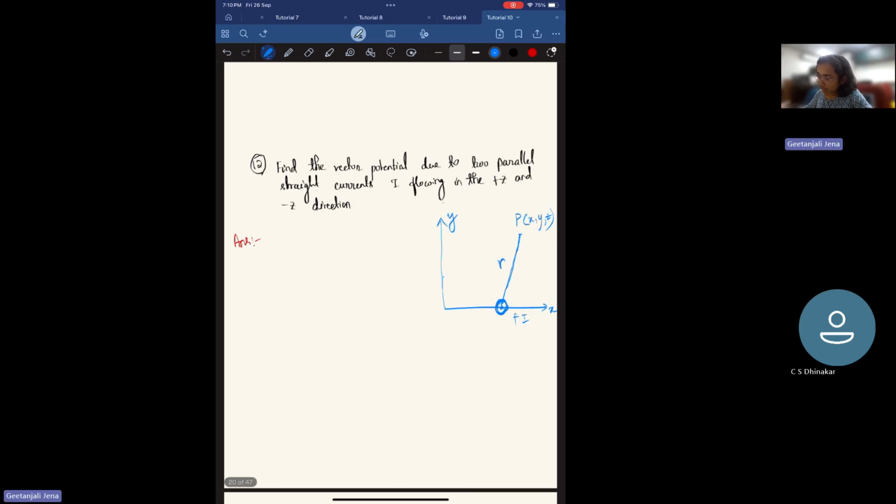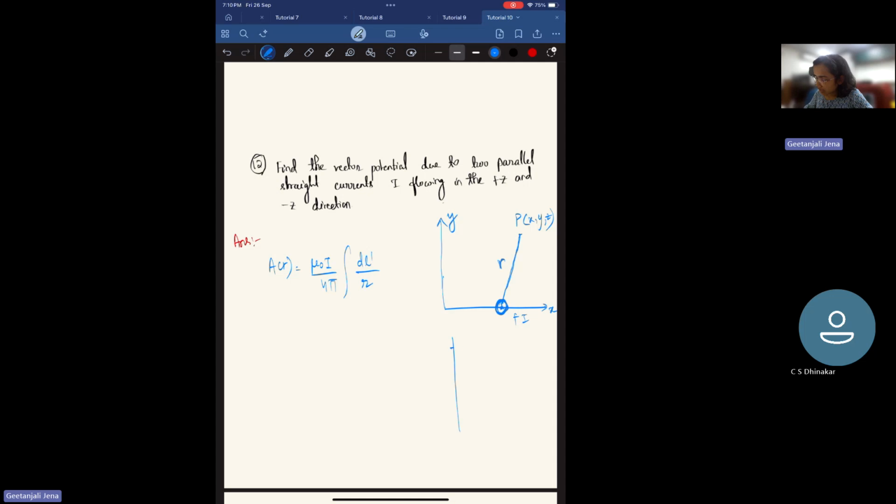To calculate the vector potential, recall A is mu naught I by 4 pi ∫dl by r.